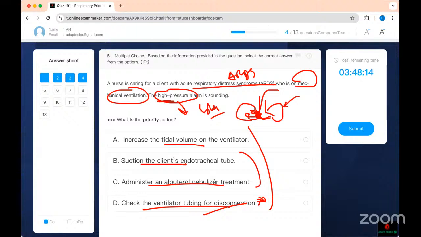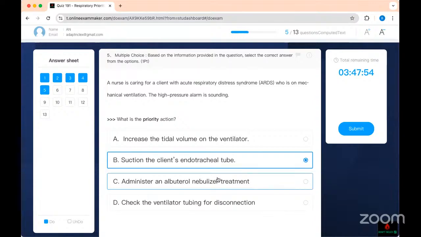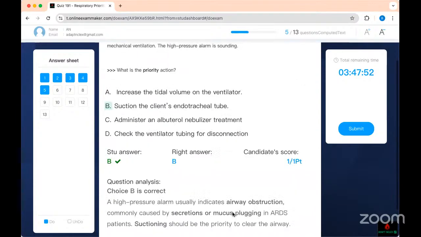That can lead to high pressure alarm. But ARDS has nothing to do with bronchoconstriction. So the content here is thick mucus secretion, and that is going to cause blockage, therefore suctioning the patient and the tracheal tube. That is the content here for ARDS to understand what is going on.